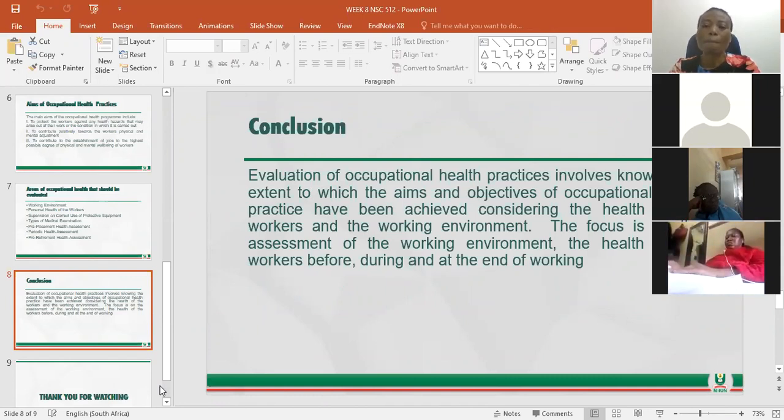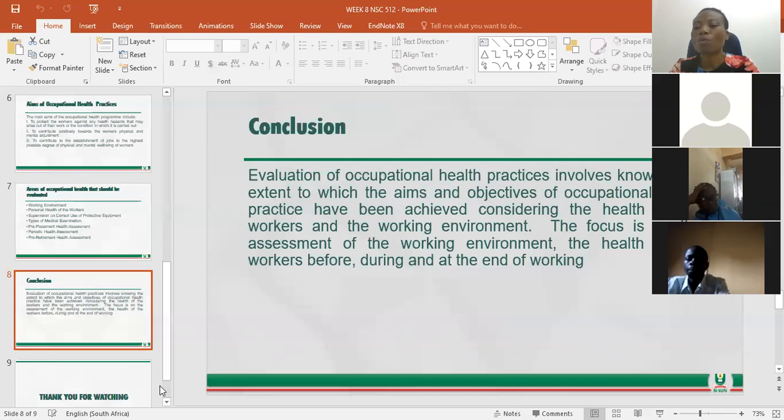In conclusion, the focus of evaluation is the assessment of the working environment and the health of the workers before, during, and at the end of working. That is the essence of these occupational health programs and protection evaluation: to ensure that when you come into a job, while working, and after working, you don't get problems.